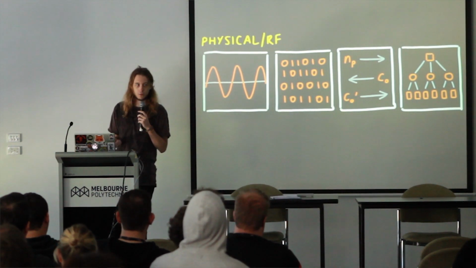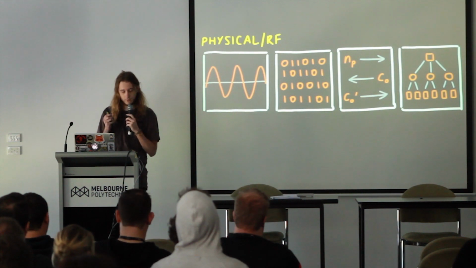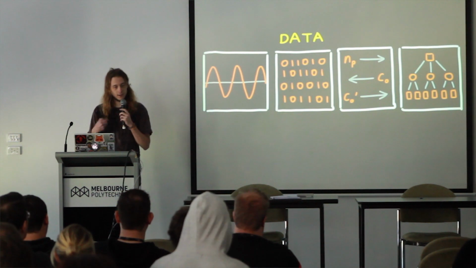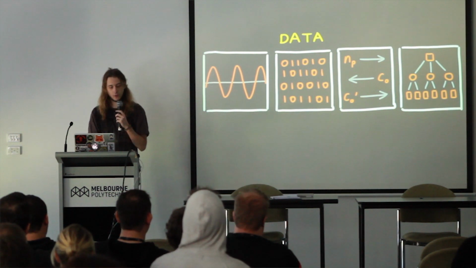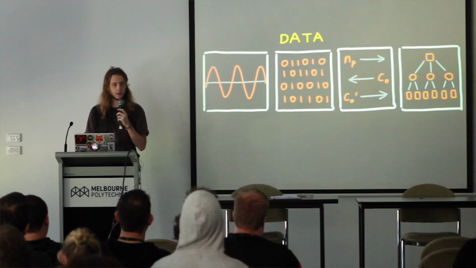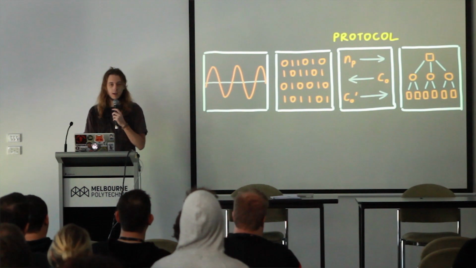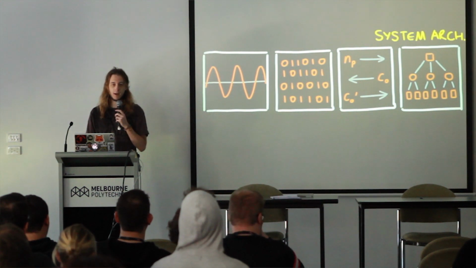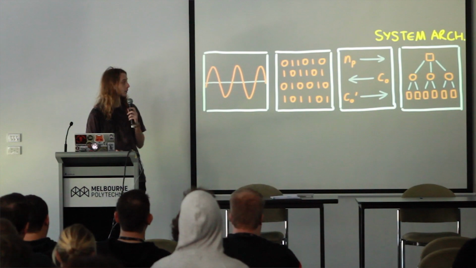First on the actual physical, the radio frequency layer. And then there's a data layer, so what do these cards actually have on them? What is the actual credential that these cards hold that is used as the identification factor? The protocols, so how do the cards actually pass this information to the readers that they're being used with, and then the system architecture as a whole.